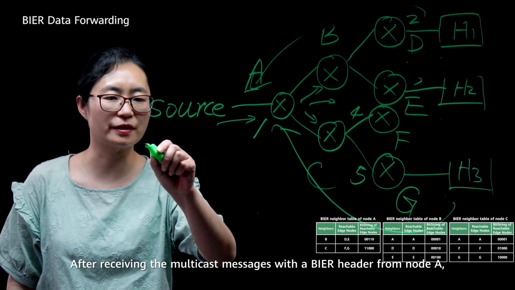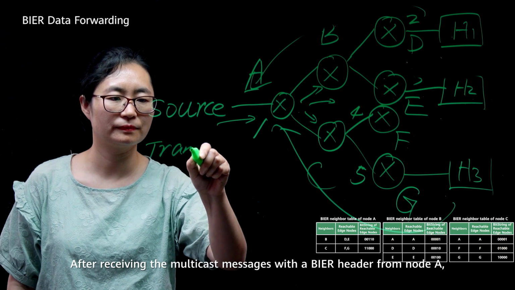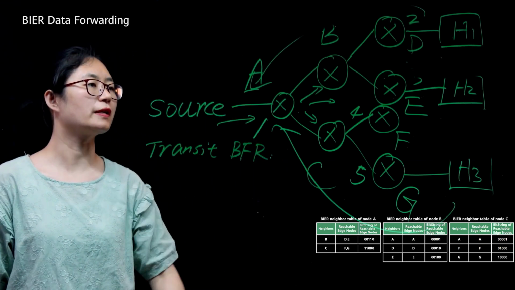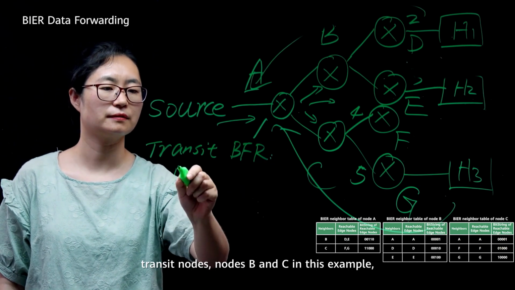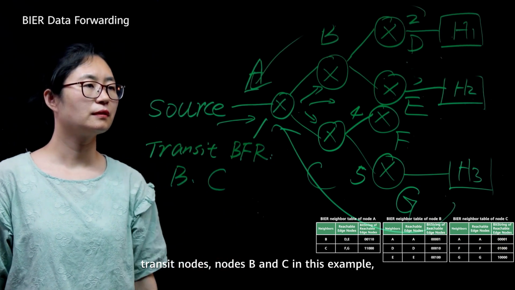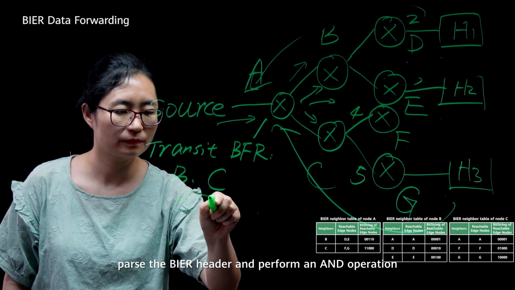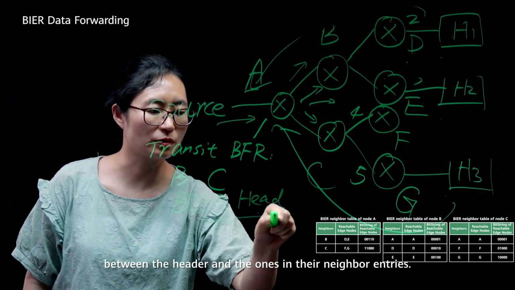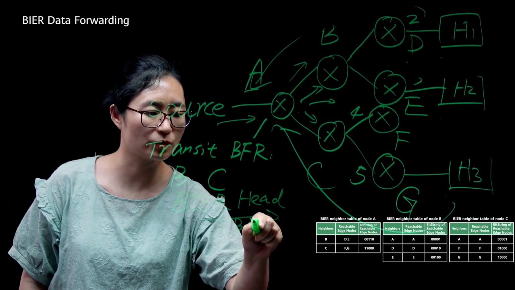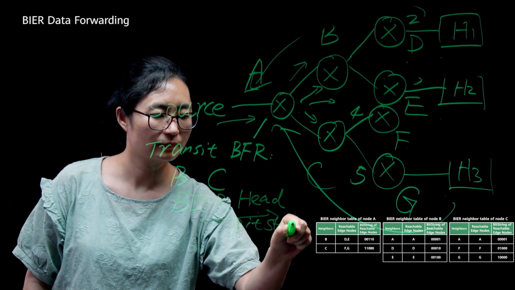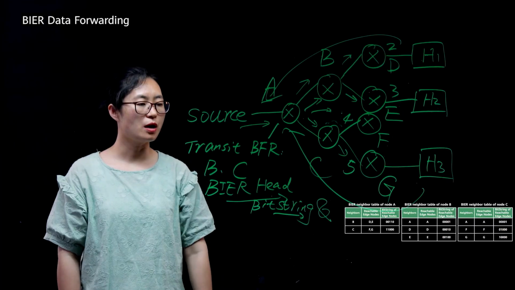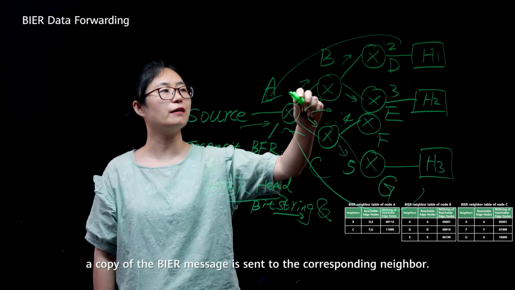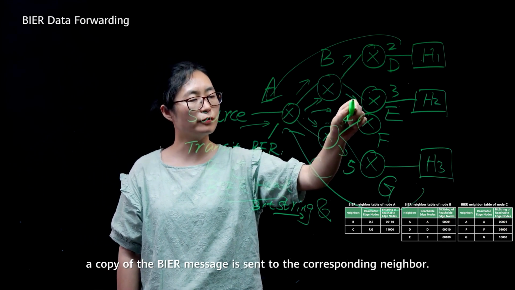After receiving the multicast messages with a BIER header from node A, transit nodes, nodes B and C in this example, parse the BIER header and perform an AND operation between the header and the ones in their neighbor entries. If the result of the AND operation is not all zeros, a copy of the BIER message is sent to the corresponding neighbor.